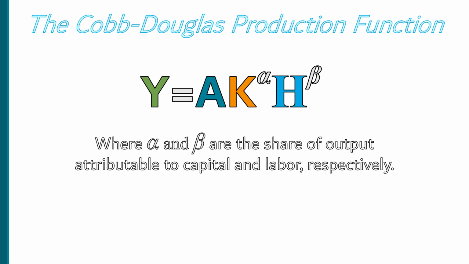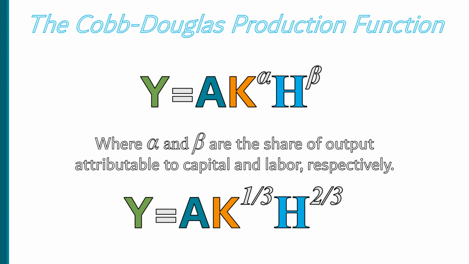For example, we might set alpha to 1/3 and beta to 2/3. This would mean that capital is doing about 1/3 of the work in the economy and labor is doing 2/3 of the work. Since there are ways to estimate those shares, the Cobb-Douglas production function matches reality pretty well.